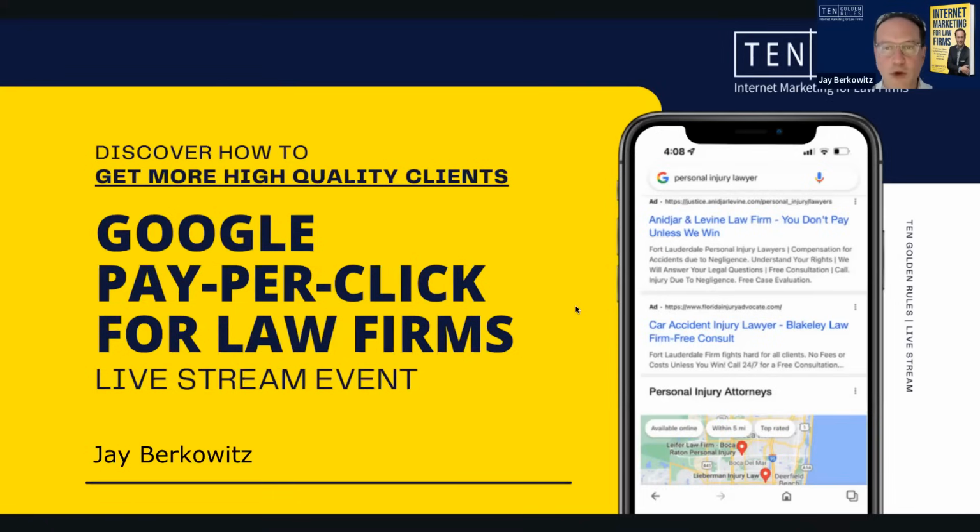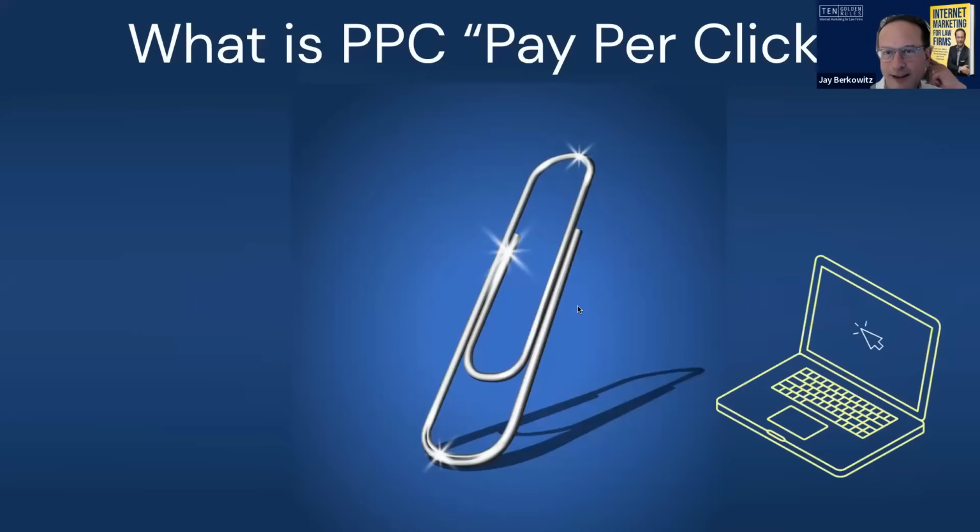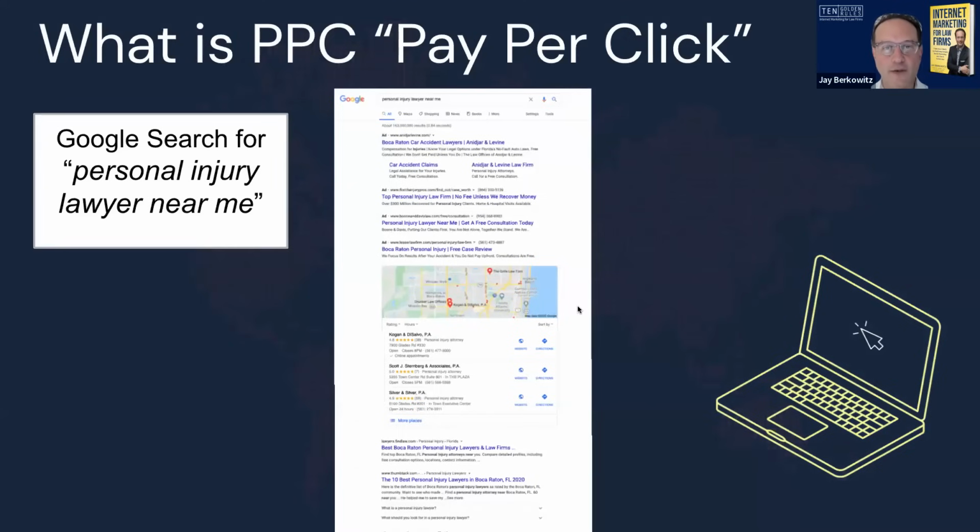But let me talk about what's really important with pay-per-click. What is pay-per-click? These are the paid ads at the very top of Google. If I search personal injury lawyer near me in Google, we see ads, there are 4 today in most instances.